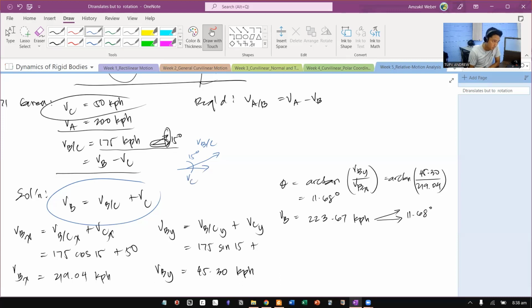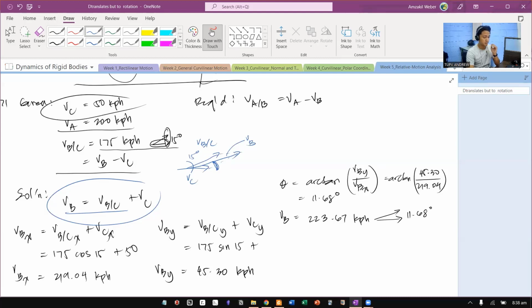So the resultant is the parallelogram. That is the geometric interpretation of the resultant. That's why it is 11.68 degrees. Then the final arrow is VB, 223.67 kph.